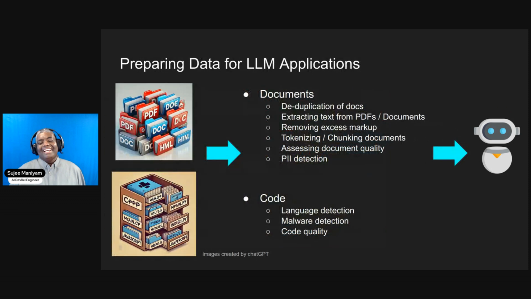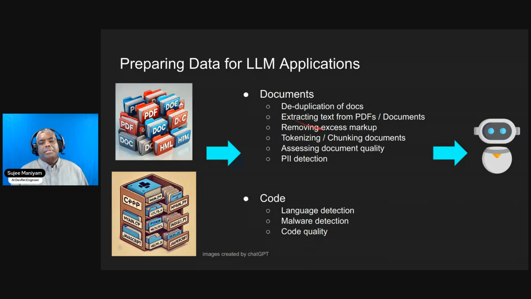Imagine I have a bunch of documents which I need to prepare for my application. A lot of the time I have to go through a series of steps to prepare the documents in a nice, neat format. Maybe I have duplicates, so I want to deduplicate them.